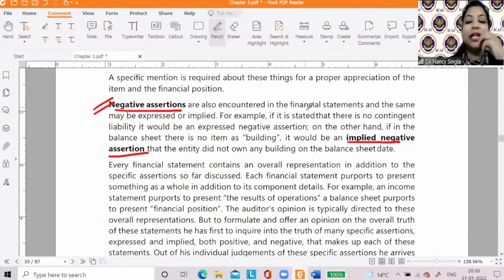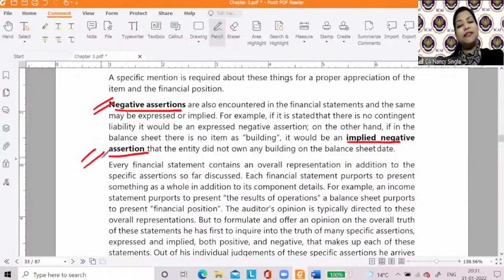Furniture and fitting is the example of an implied negative assertion. There is no furniture and fitting coming in the balance sheet. What does that imply? There is no furniture and fitting. Okay? You will not assume that furniture and fitting is not coming, yet it exists. What will you assume? That if furniture and fitting is not coming, it means it is not existing. So, implied negative assertion, okay?